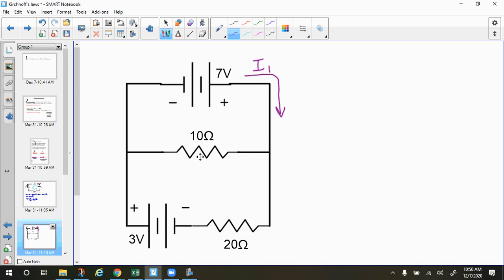Then the current has to split. Now I have to decide, I think it's probably going to be pushed this way, but it's hard because this 3-volt battery I know is going to push this way. So I'm pretty sure this is going to go this way. So let's just put I2 here, and then I3 here.